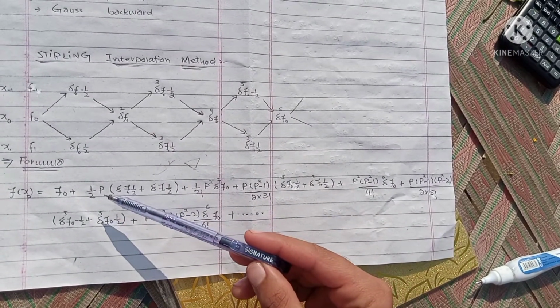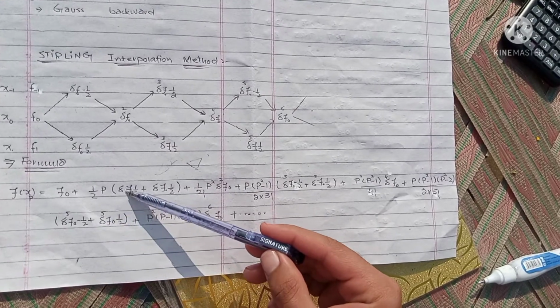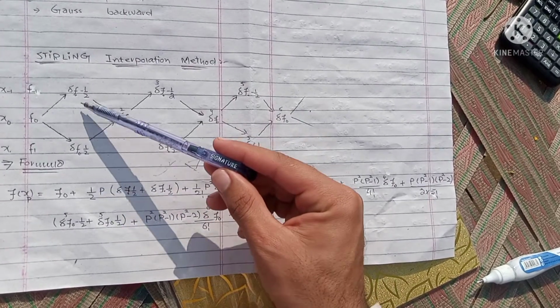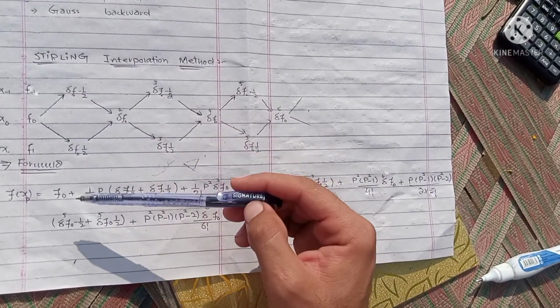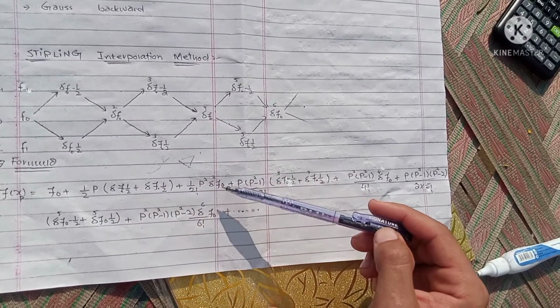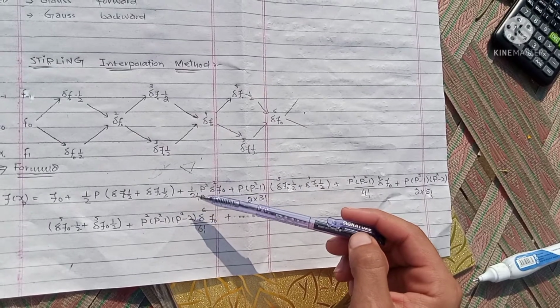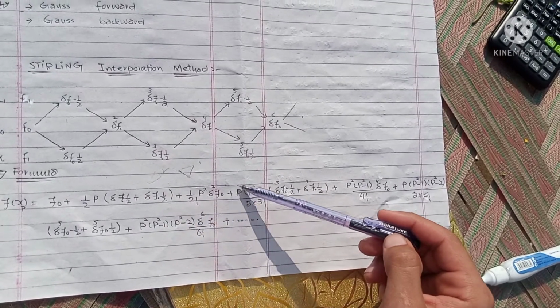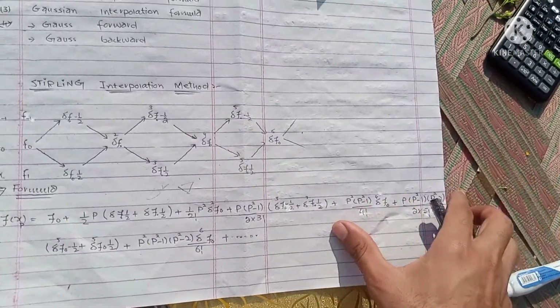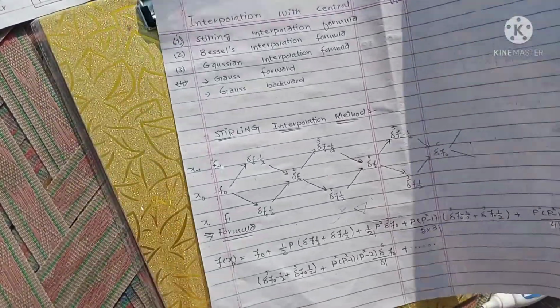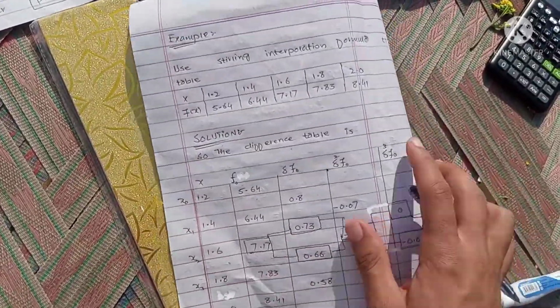Whenever we write these two, we write 1/2 with this, and whenever we write just this one, we do not write 1/2. So now we are going to solve an example using this formula.